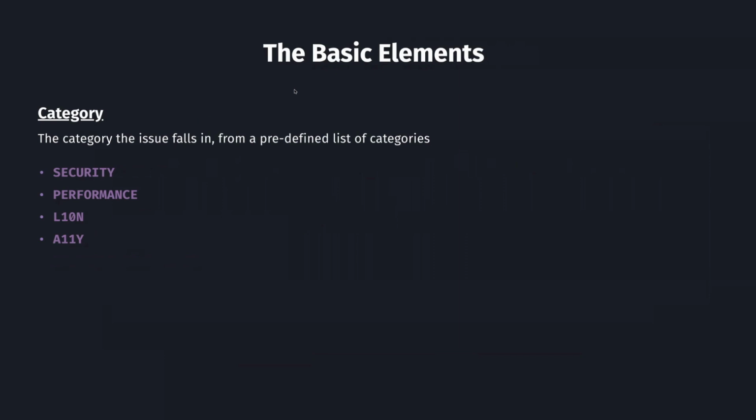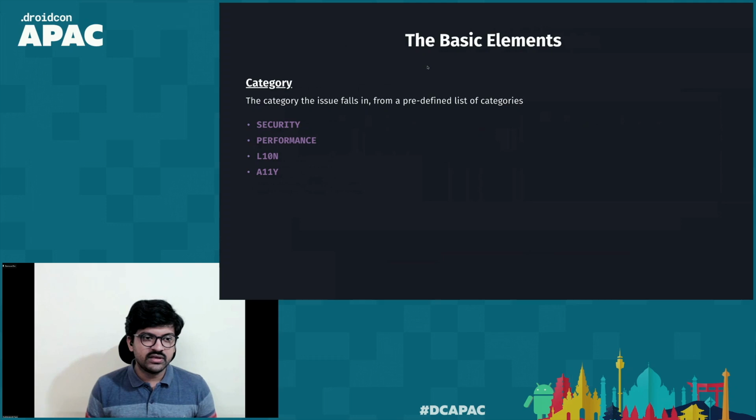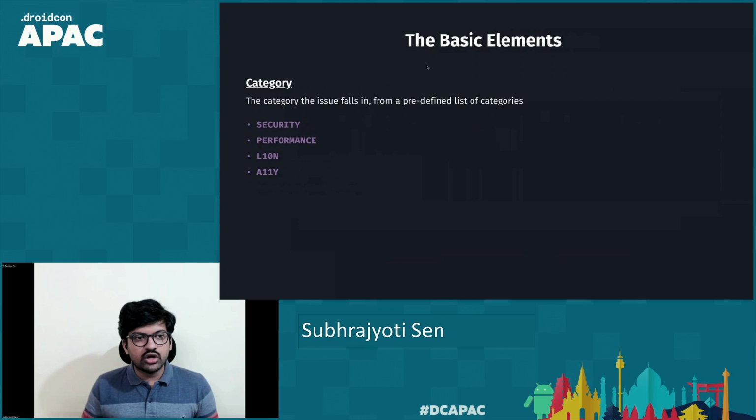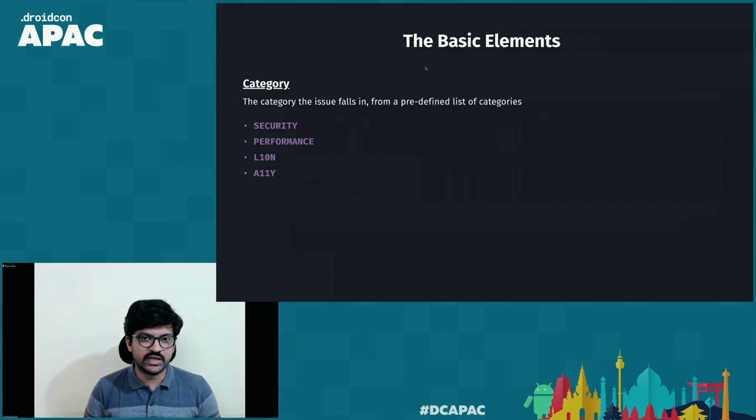So whenever you open the report file, it classifies the different issues it came across and groups them with the categories. So for example, if you're working on accessibility at a certain point of time for your app, and you want to see what the accessibility issues caught by lint are, you can open the report and just go to the accessibility section and then see all the issues there.